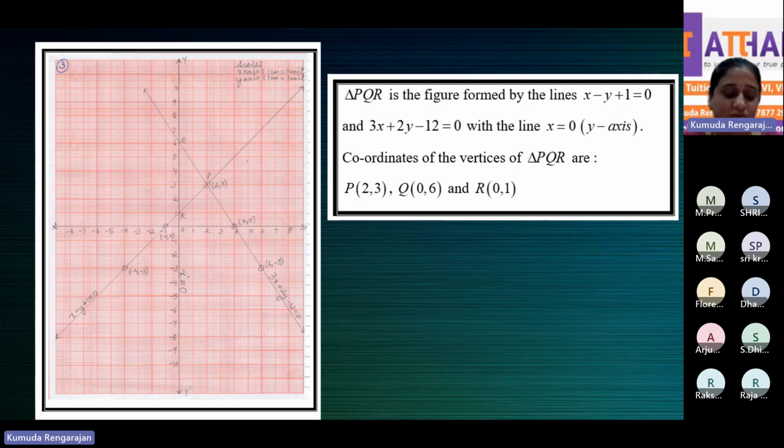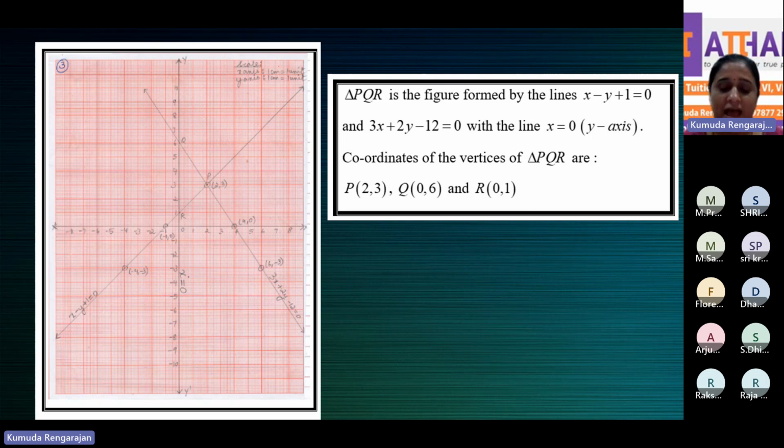Please use arrows at the ends of the line. And you have not written the equation. Maybe you were very eager to share the answer first, so I appreciate that. Maybe you wanted to complete it as fast as possible and share the image on WhatsApp with me. So that is appreciated.